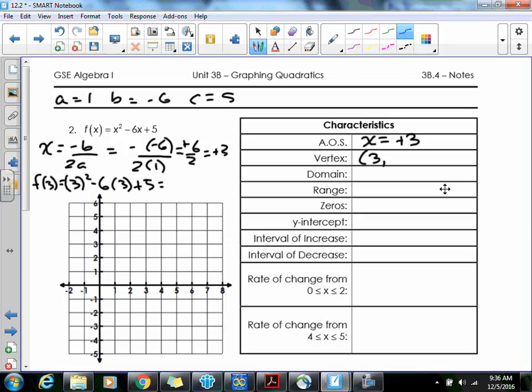what is it? -4. So we agree that y is -4.